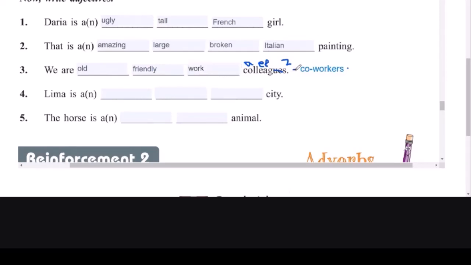Okay, teacher, and is it possible to put all friendly job colleagues? No. Job colleagues doesn't really work. It's for work. With work, the combination goes well. Work colleagues, right? Old friendly work colleagues, sure. Work, job, not really. Now, both job and work can be a noun and work can also be a verb, right? So we have to see that context.